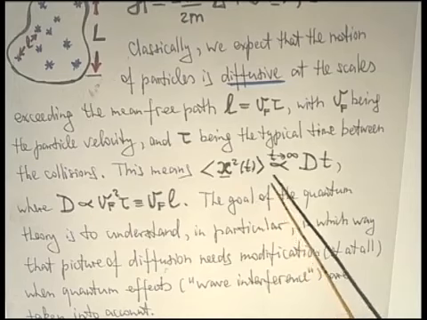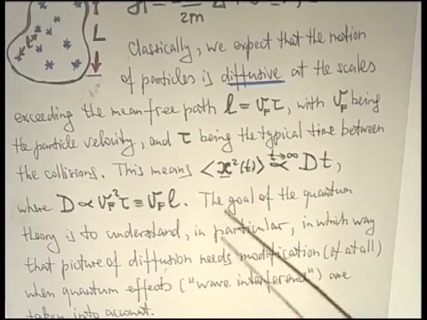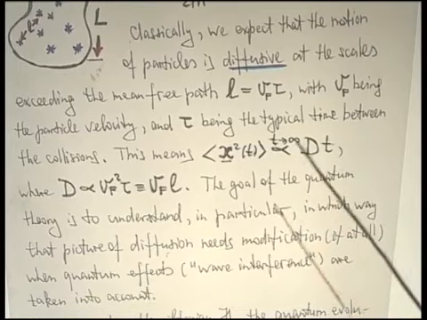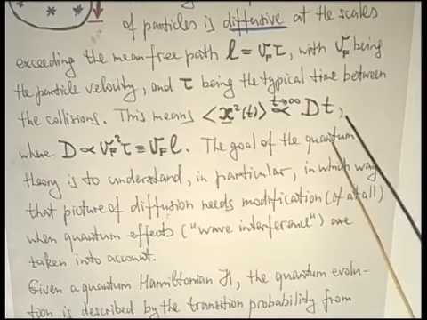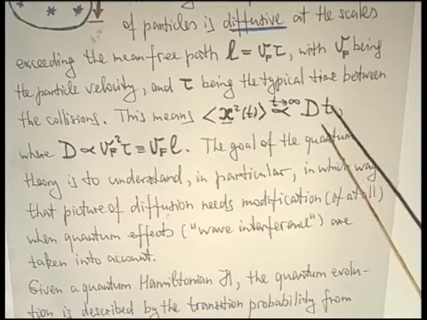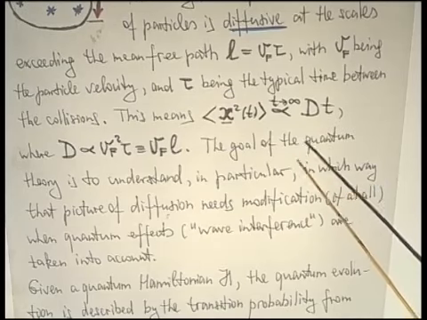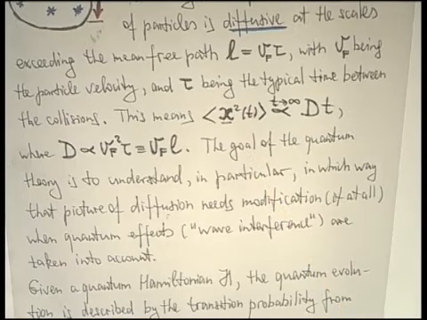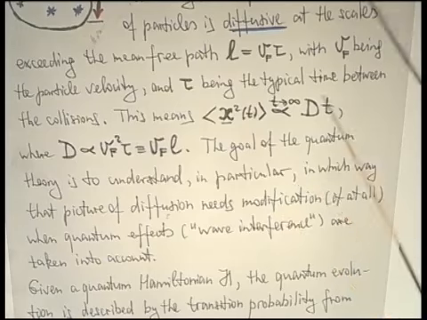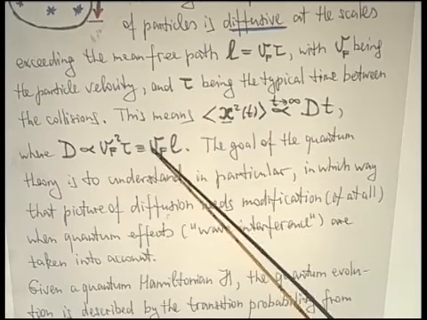Then it's natural to expect that classically the typical displacement of this particle will grow linearly with t, where the coefficient, at least I definitely have in mind asymptotically, not on smaller time scales, is D. And this D is related to the velocity of this particle and the typical distance it covers without scattering.